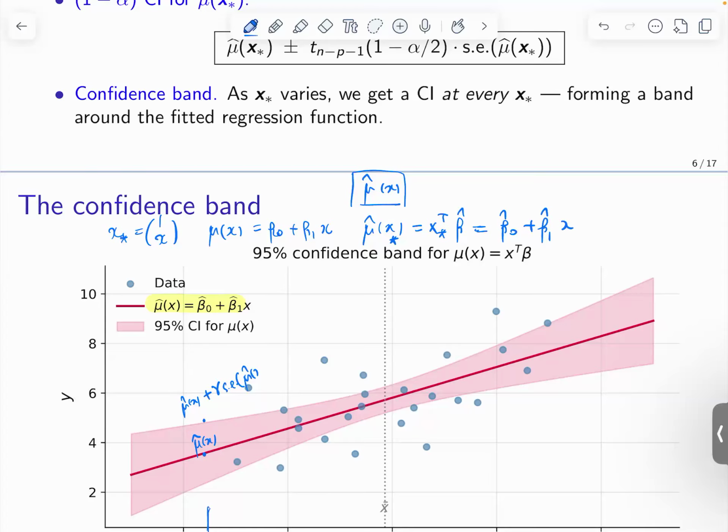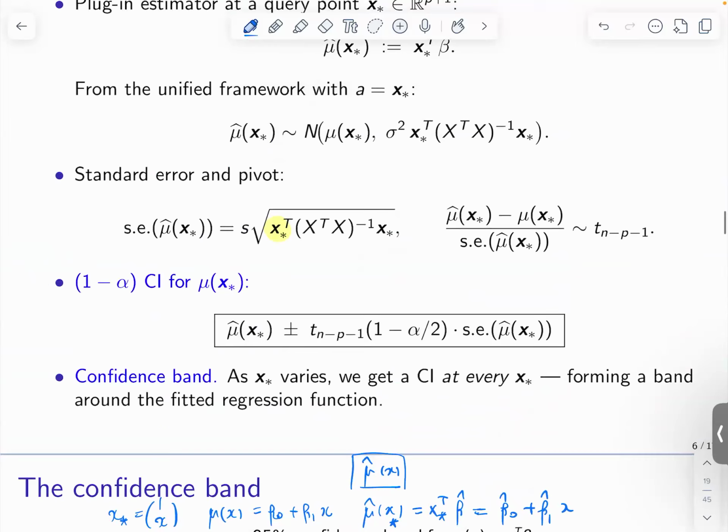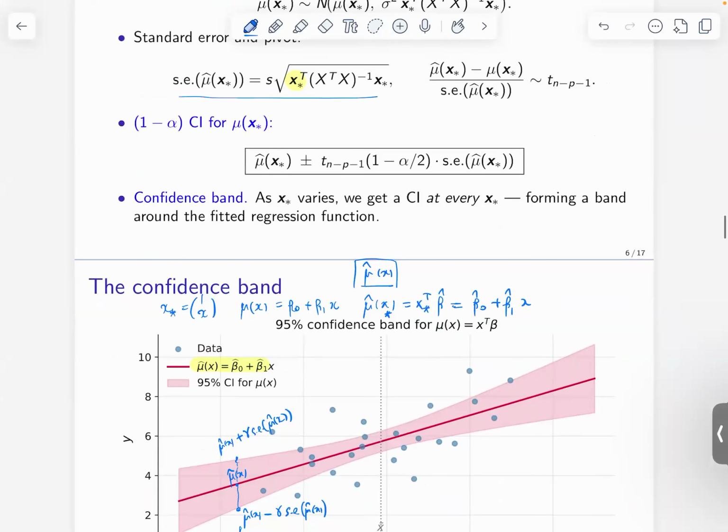So let's do that, then I get mu hat of x. And here the bottom part would be just mu hat of x minus gamma standard error of mu hat of x, where the standard error is this, okay? And it depends on x star.